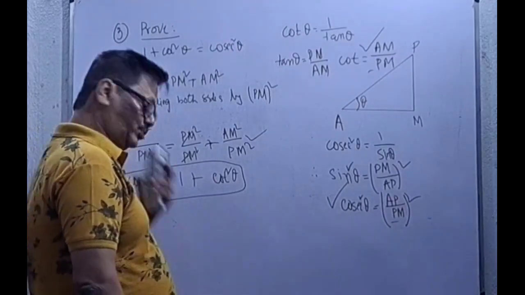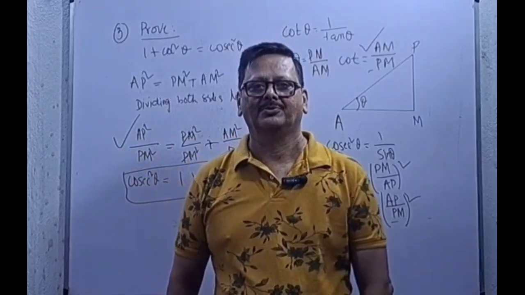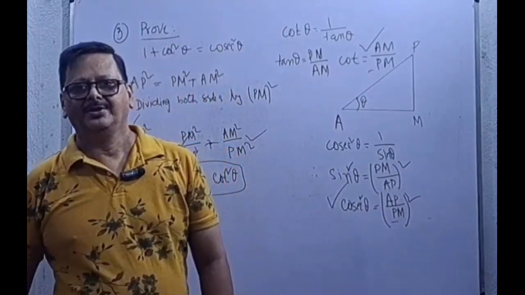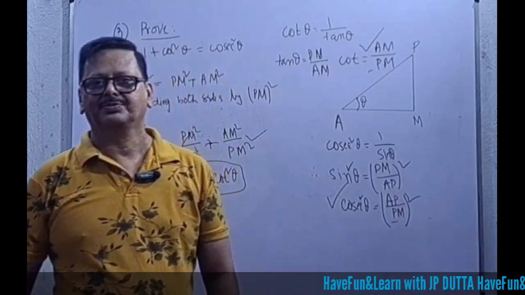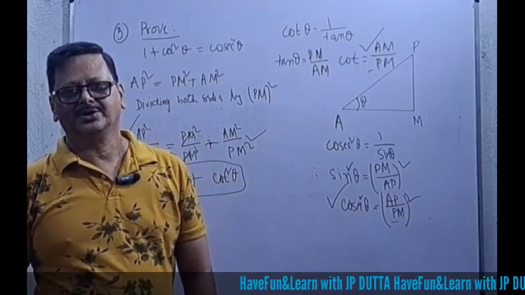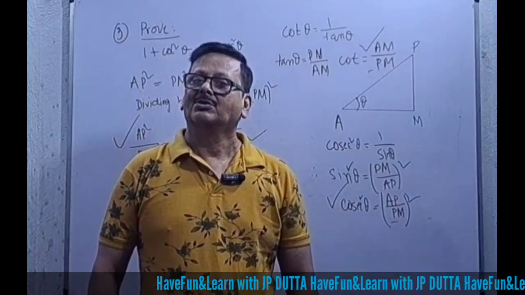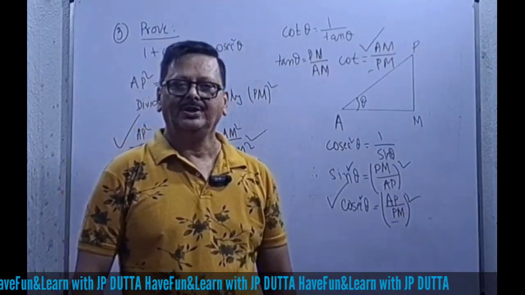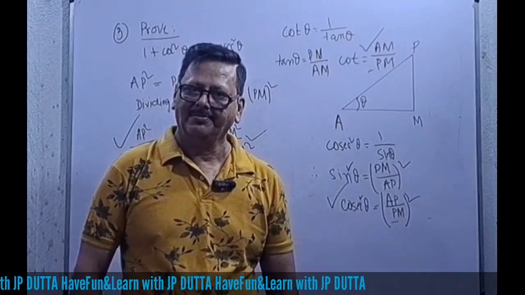So this is how we do it when we come to proving these trigonometric identities, like 1 plus tan² theta is equal to sec² theta, 1 plus cot² theta is equal to cosec² theta and sin² theta plus cos² theta, right?